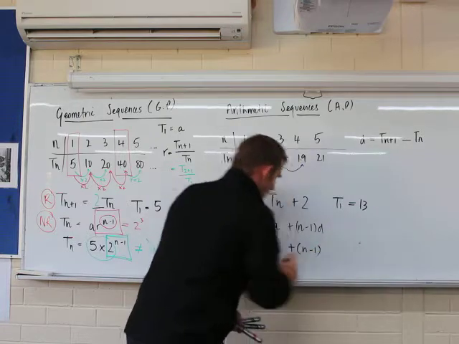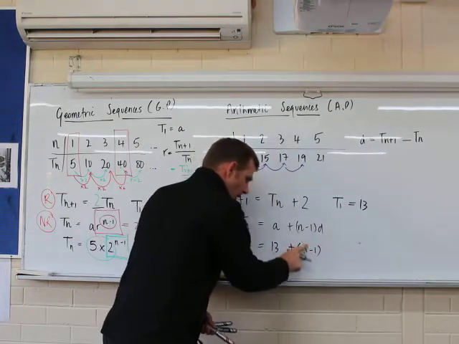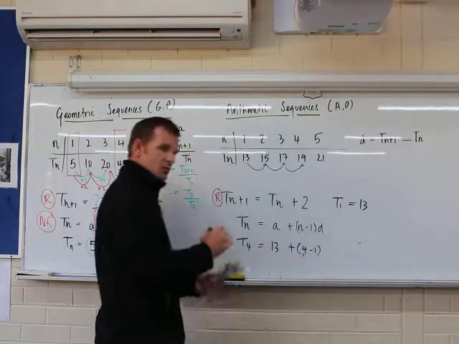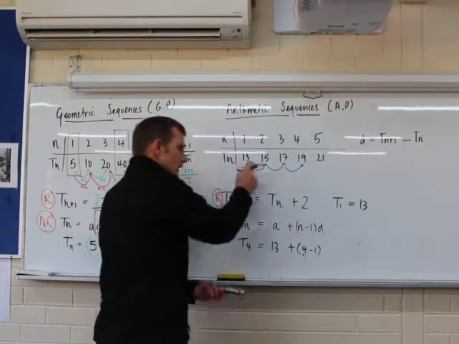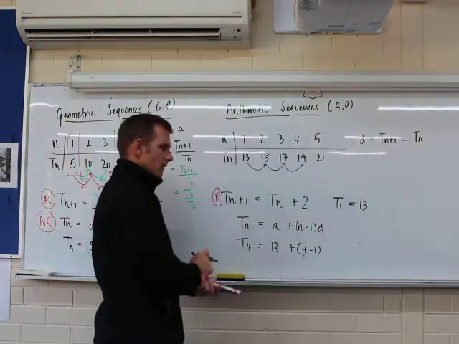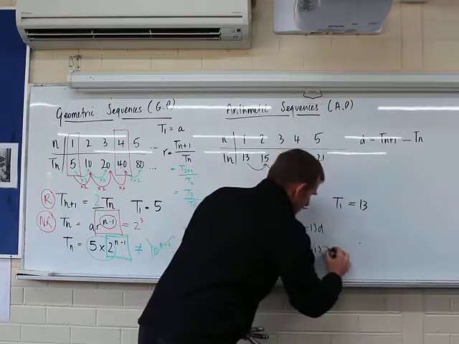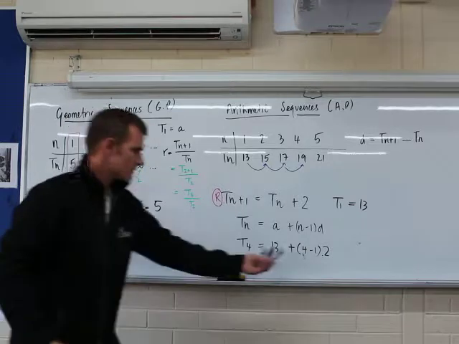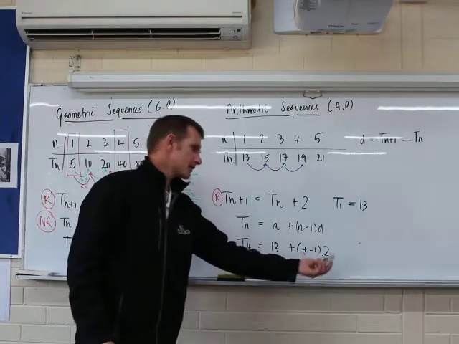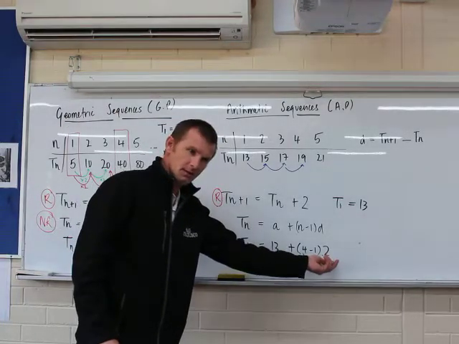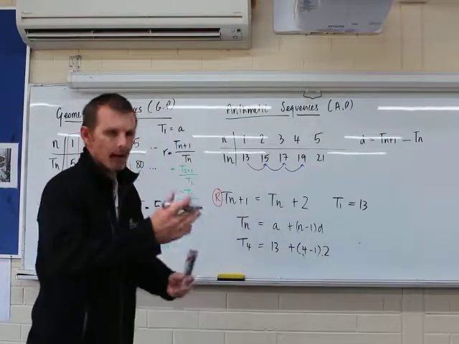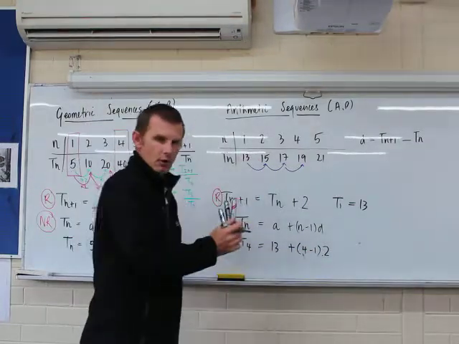Well, n minus 1 is 4 minus 1, which would be 3. That's telling me how many jumps I'm making, and each jump is the difference, which would be 2. So this is telling me how many jumps, this is telling me how far each jump is, and the number of jumps is 1 less than the term number I'm working out.